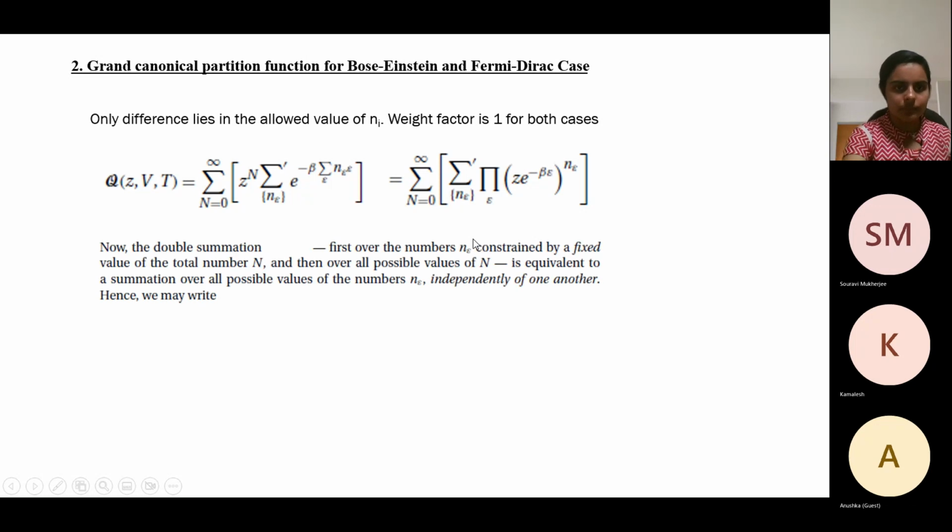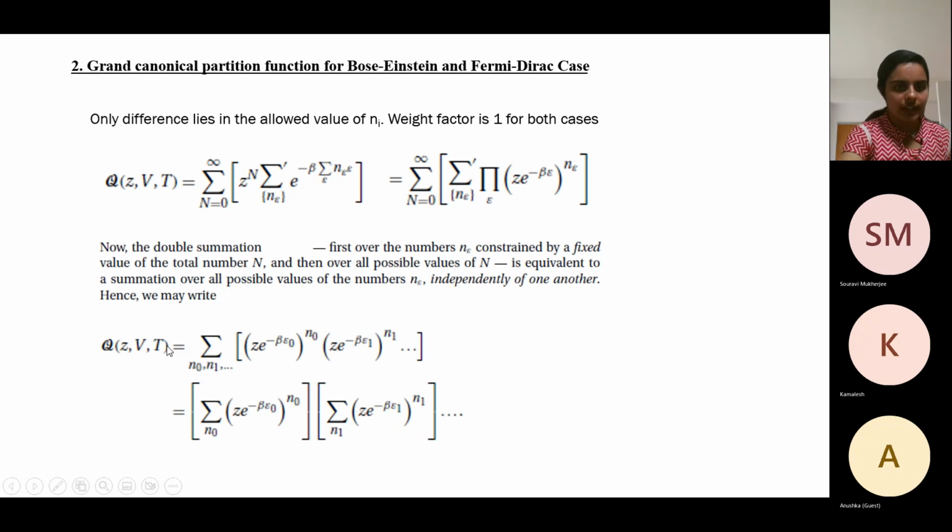So now you have a double summation. First over the numbers n_epsilon constrained by some fixed value of total number N, and then, because the ensemble is a grand canonical ensemble, you can have all possible values of N. So equivalently, you can have a summation over all possible values of each n_epsilon, independent of each other.